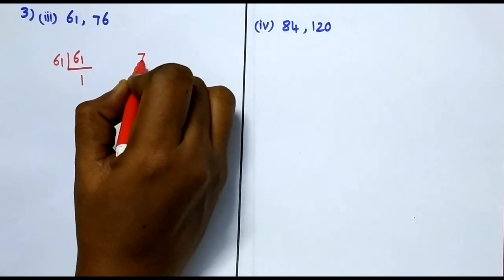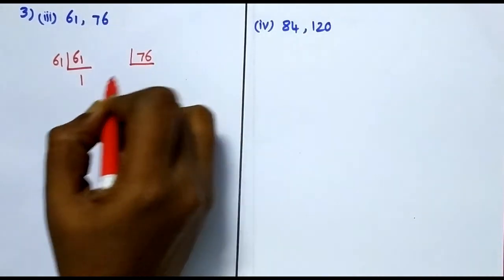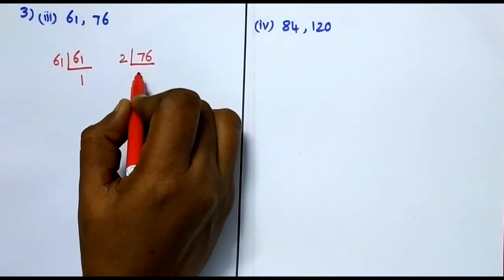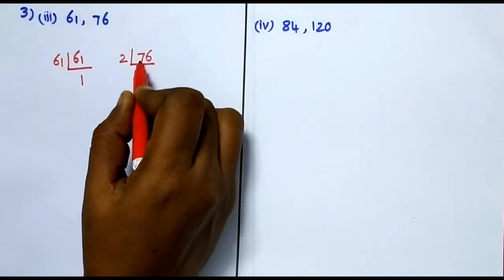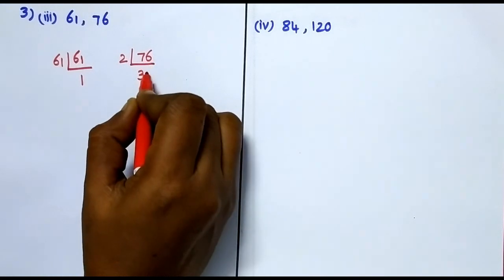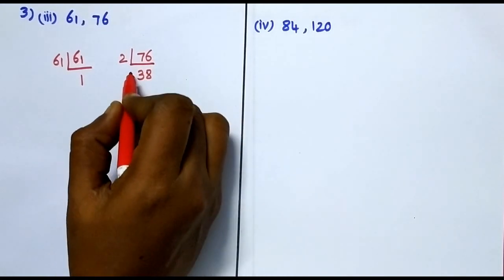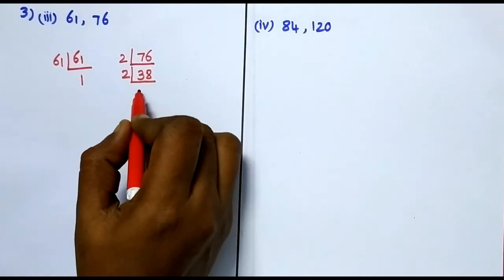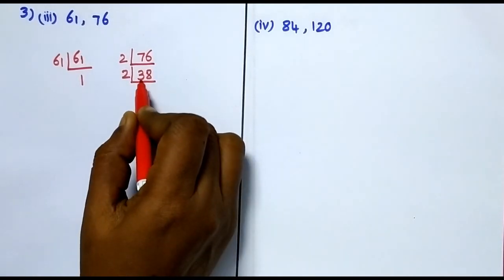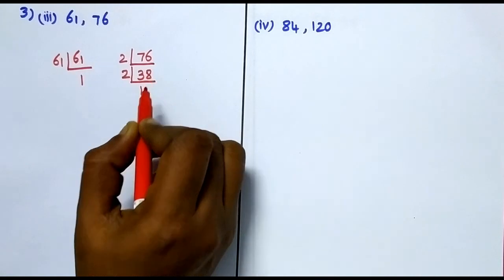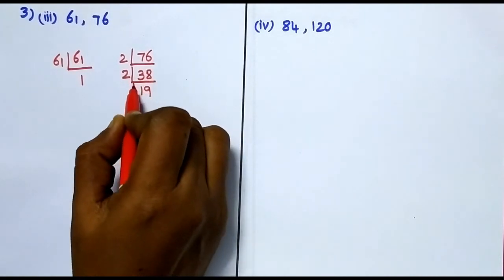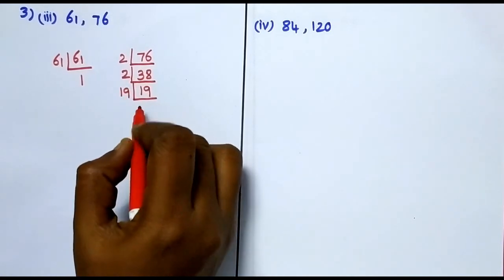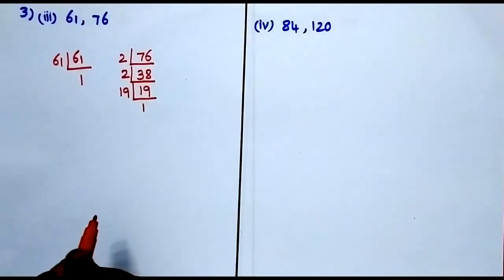And then 76 divisible by 2, divided by 2 means 3 2s are 6, balance 1, it becomes 16, so 8 times. Again it is divisible by 2, so divided by 2 means 1 2 is 2, balance 1, it becomes 18, so 9 times. Now 19 is a prime number, so one time.